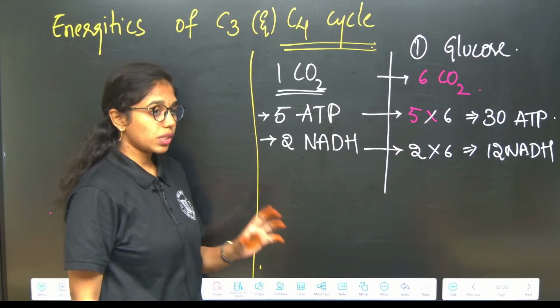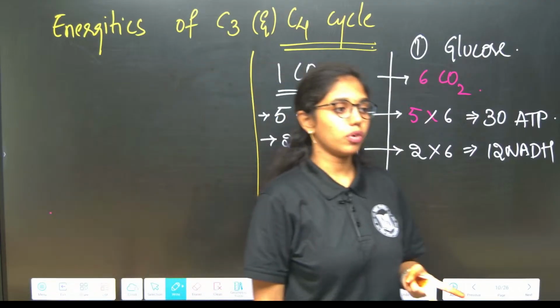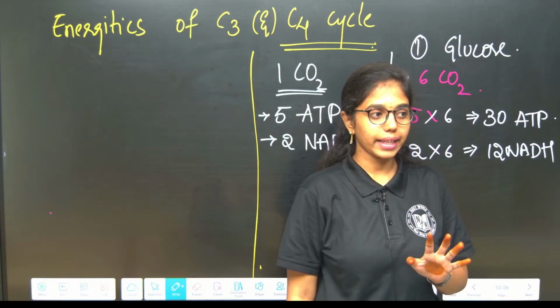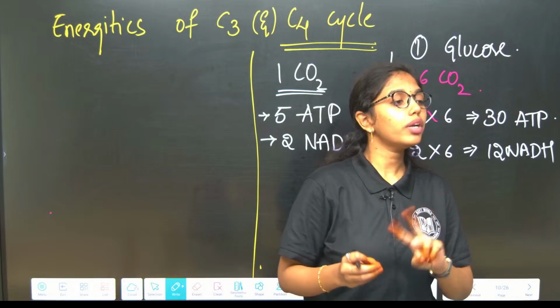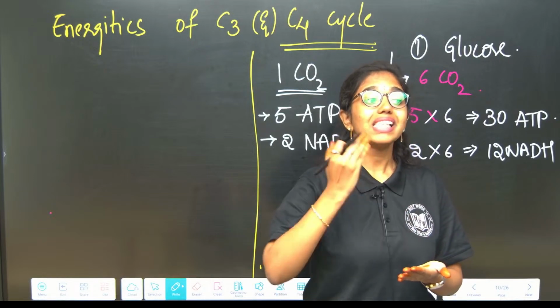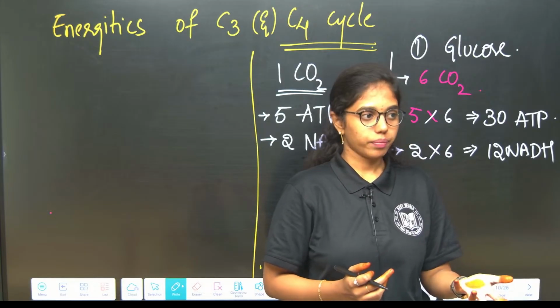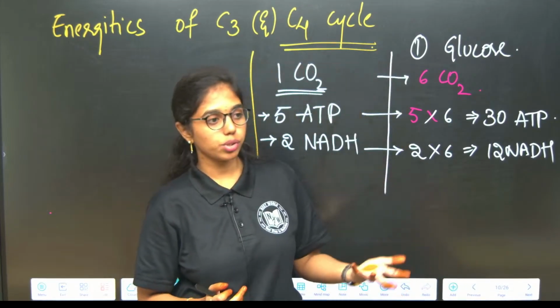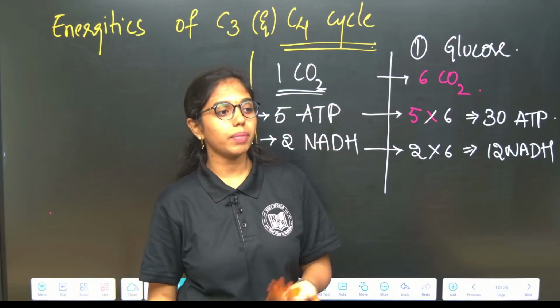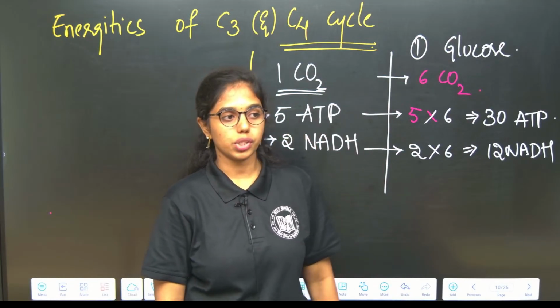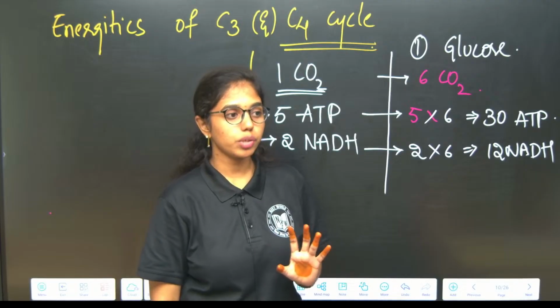But you will not get the question as C3 cycle and C4 cycle. You will not get it like that. They will ask you about 2 different plants. Okay. How much extra ATP is consumed in sugarcane when compared to C3 plants during carbon dioxide fixation? If that is the question, what should be your answer?